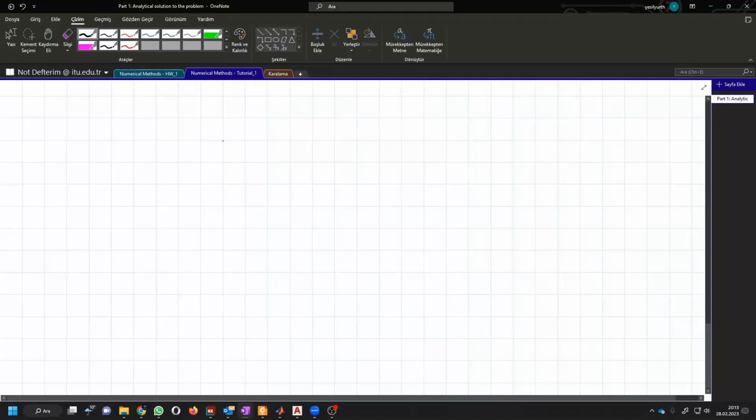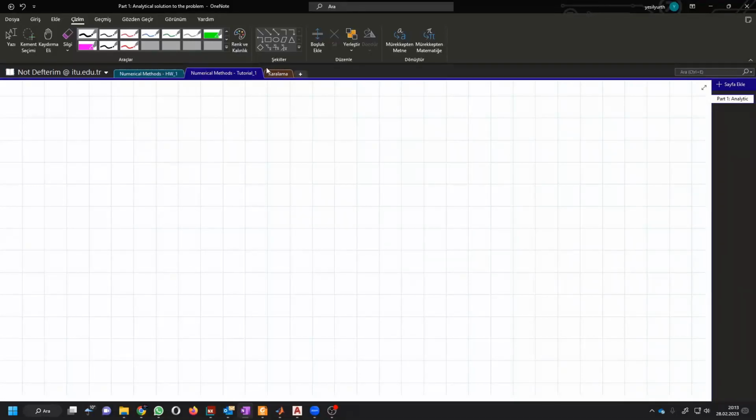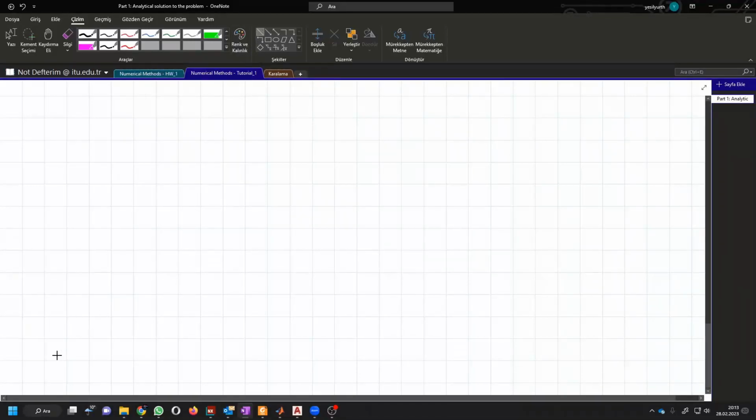So let's go back to our problem, starting the free body diagram of the motion. I will basically have a ground like this. This is my ground.